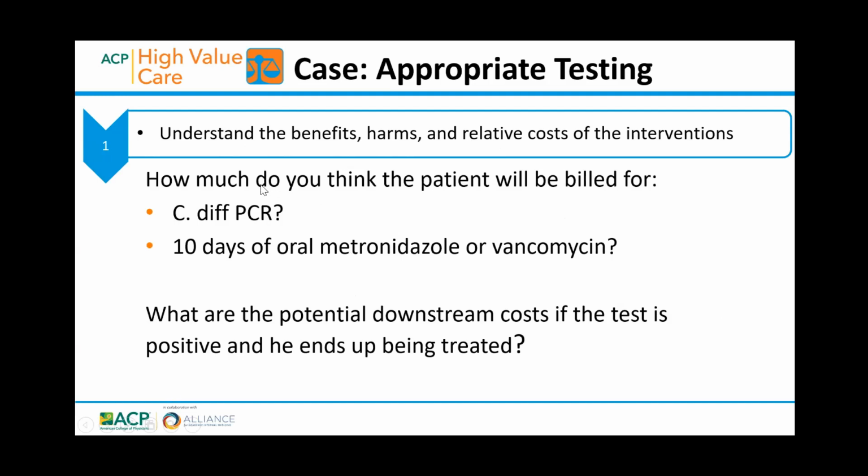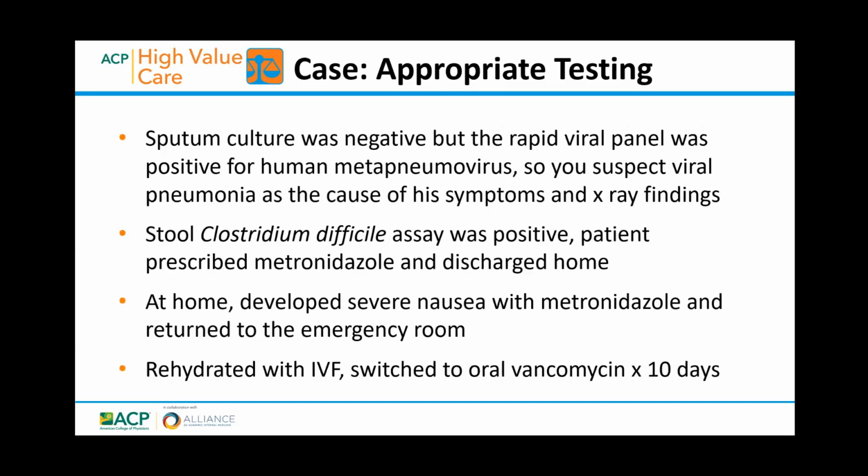How much do you think the patient will be billed for the C. diff PCR? How much does 10 days of oral metronidazole or vanc cost? What are the potential downstream costs if the test is positive? And by costs, I mean not just money, but what that means for the patient. So let's keep those all in mind as we go through the case.